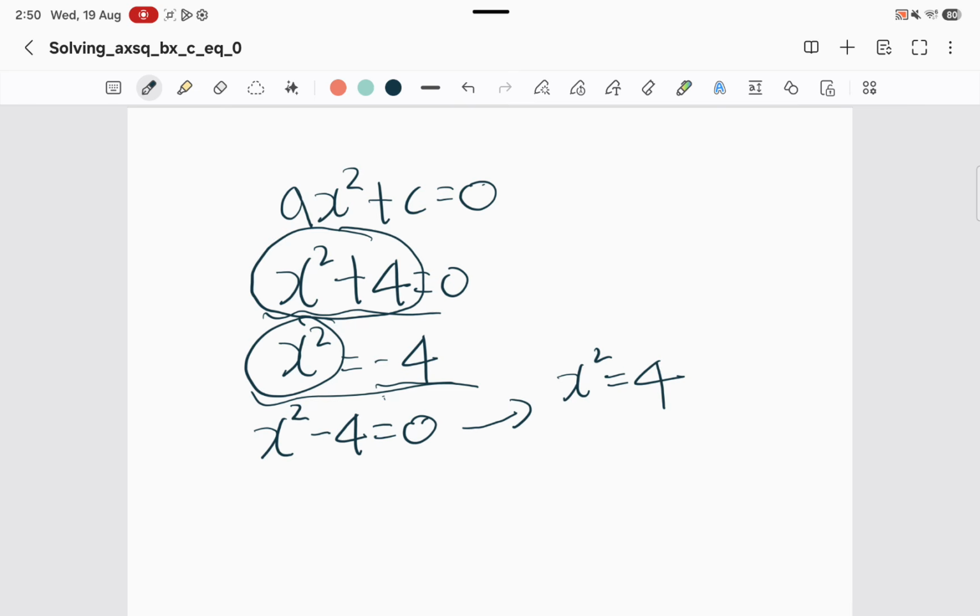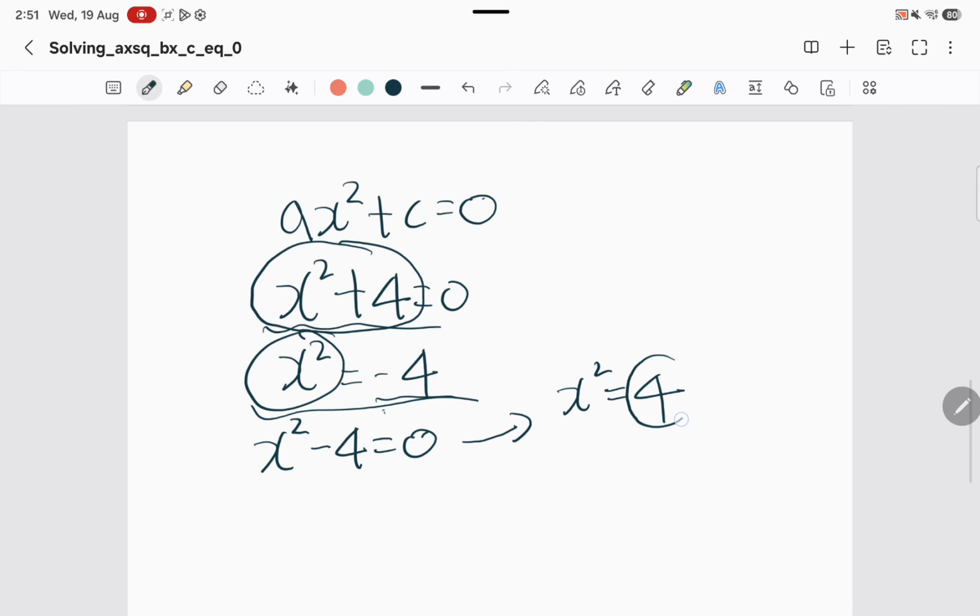Both 2 and minus 2 square to 4, so you have 2 and minus 2, and that's how you get x equals plus or minus 2. Technically it was plus or minus square root of 4, but this is basically the same as 2.